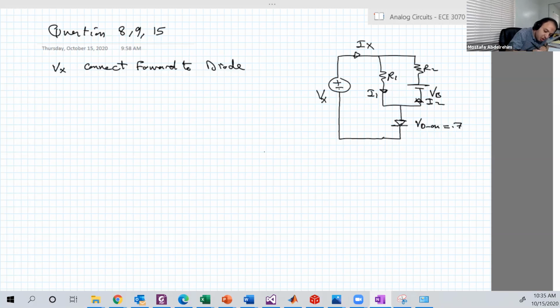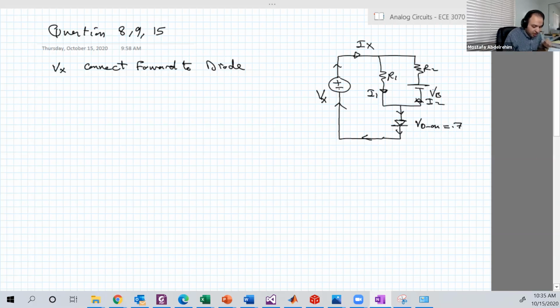This battery wants to make the current like this. So the current that this battery wants to push into the diode is flowing from B to N. So that battery has a tendency to turn the diode on. It's connected forward.